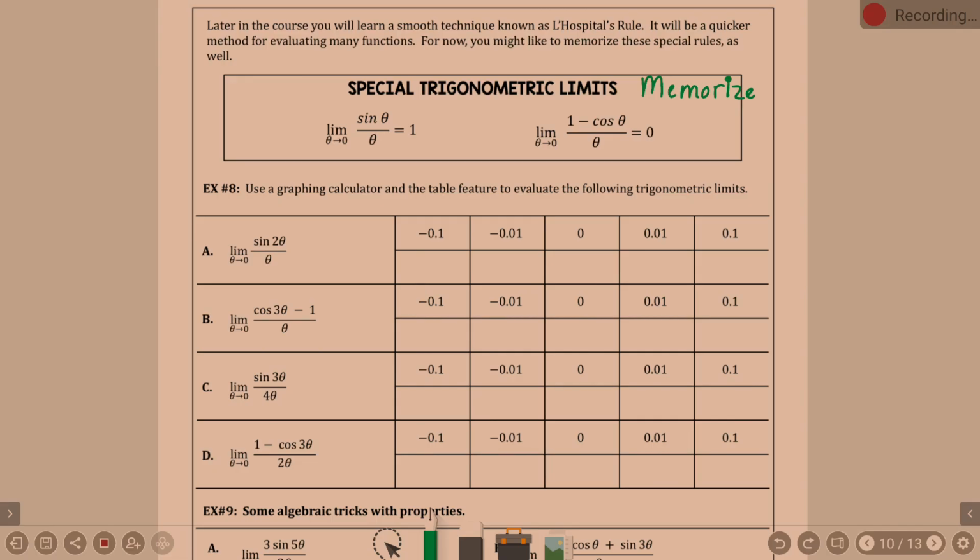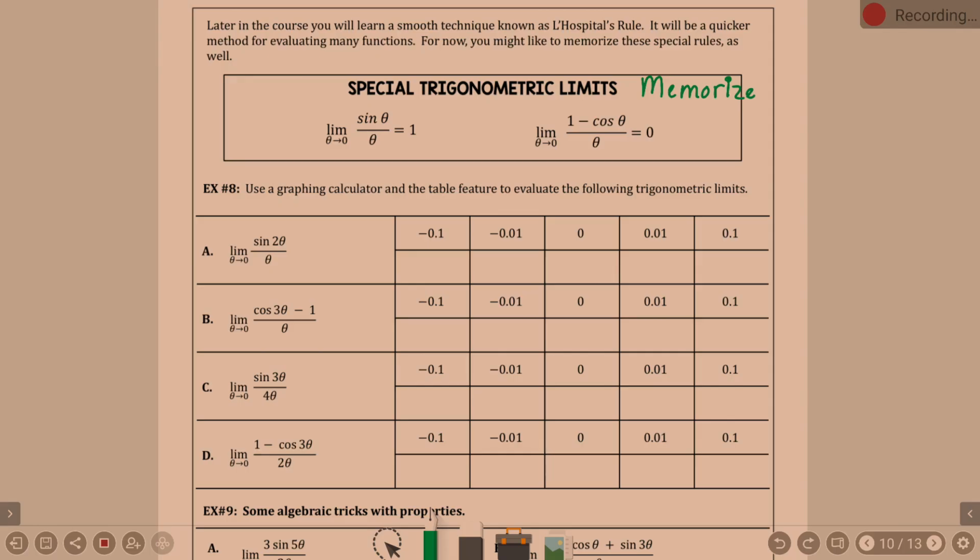Okay. Now, what does it suggest? Use a graphing calculator and the table feature to evaluate the following trig limits. Can I just tell you the values?